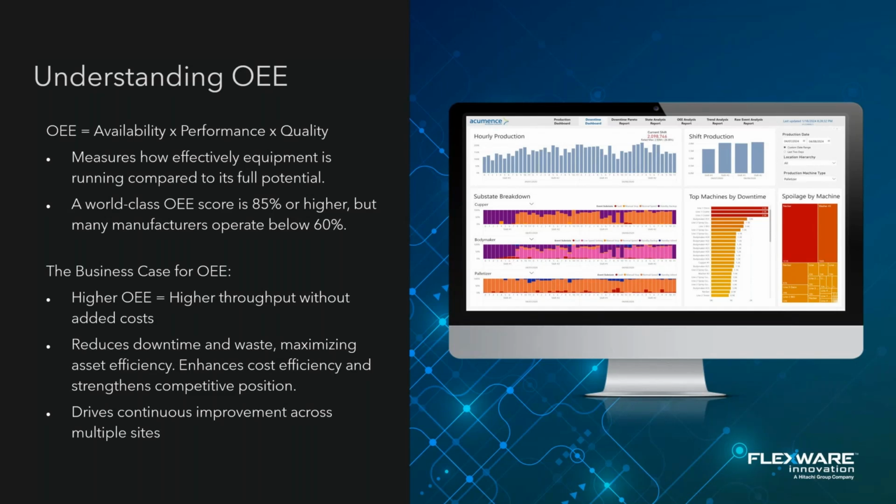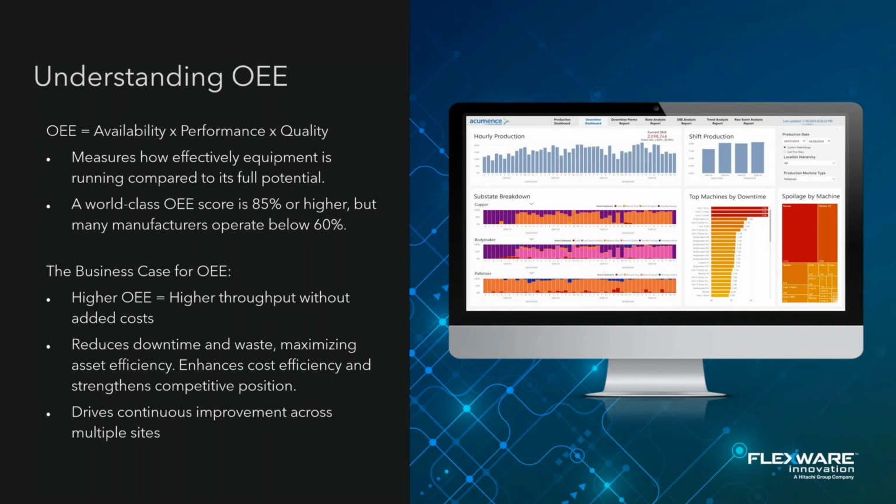It's still difficult to get to that 100%, but many times our customers are working in that like 60 percentage range. These three components of OEE are availability, performance, and quality.